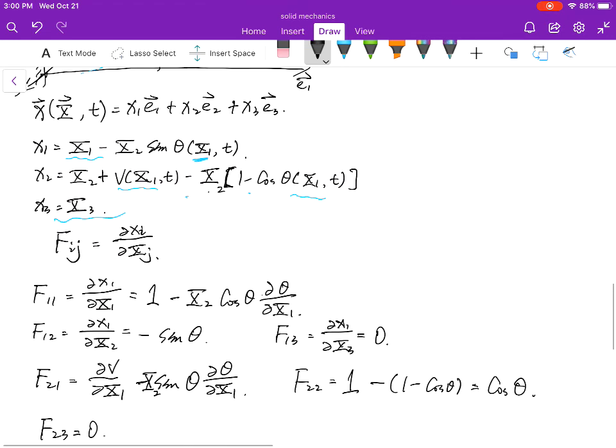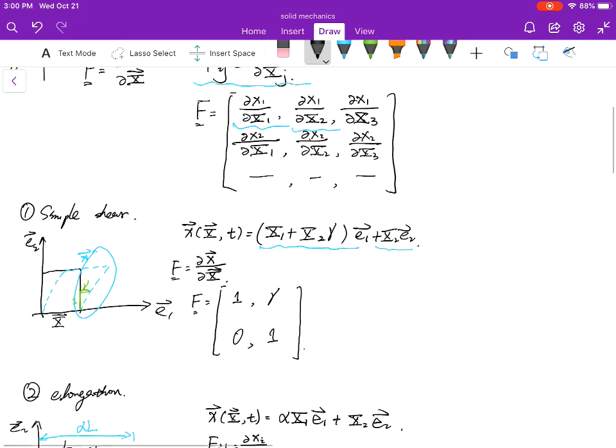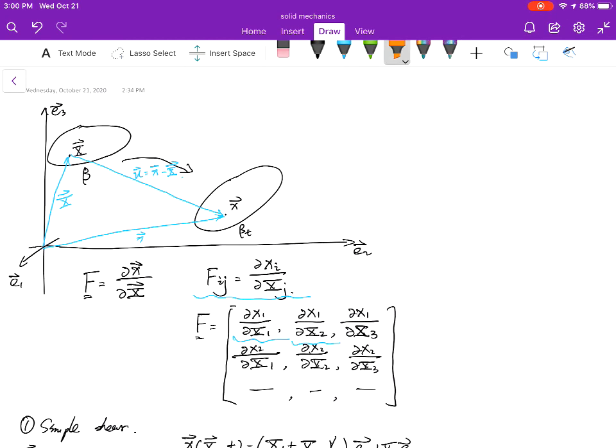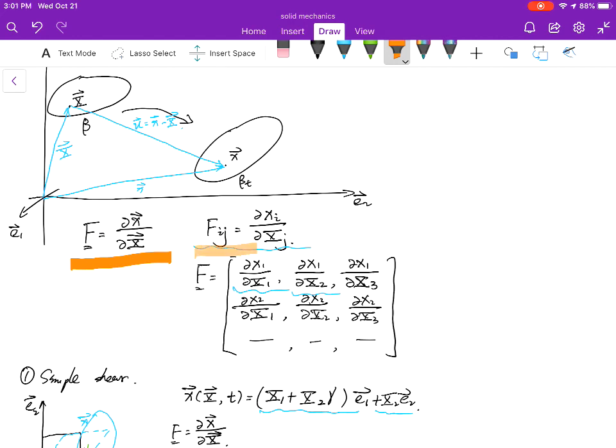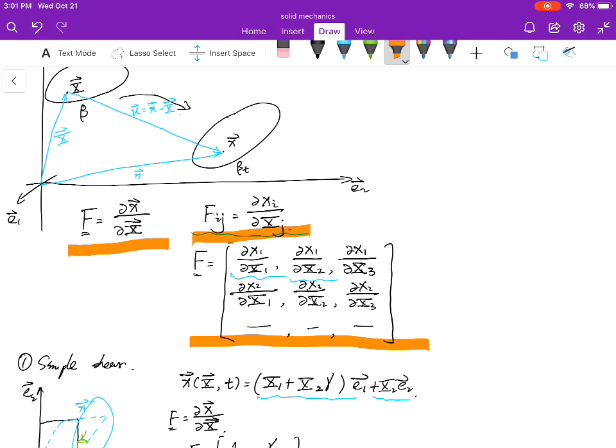Now, in summary, what we have done: first, I introduced the deformation gradient tensor, the tensor form definition, and then the component form, and what it looks like if we write out the components. Then, given this definition, we considered 4 simple deformation cases.